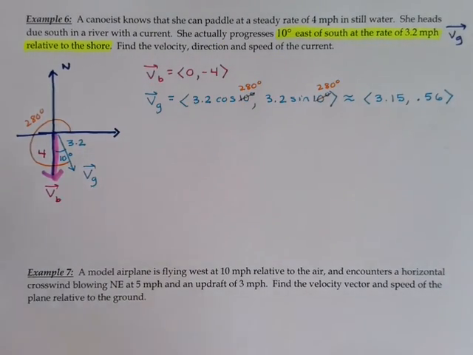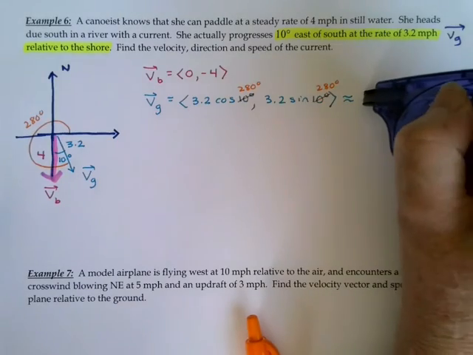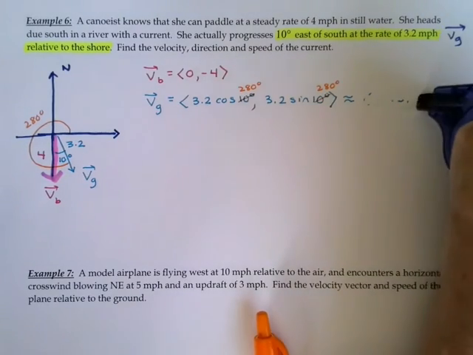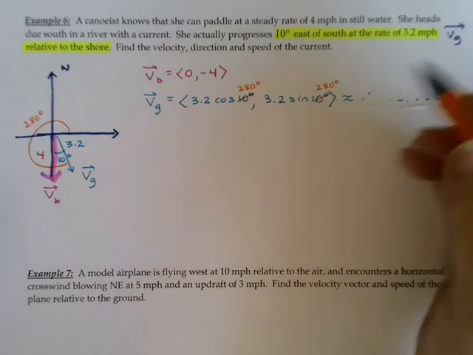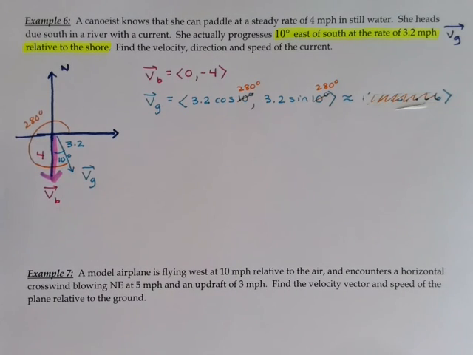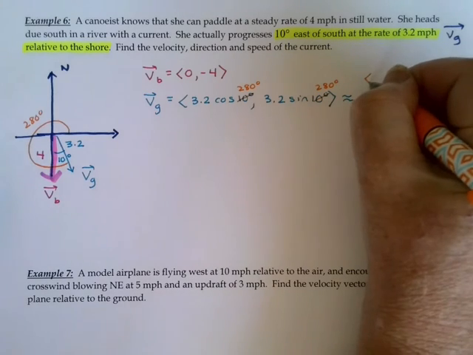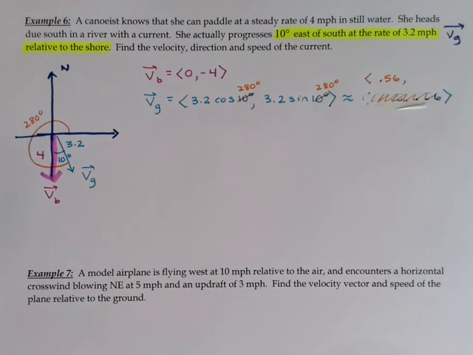Sorry about that. So let's fix my velocity vector here. That didn't work out very well. We'll just put it above. 3.2 cos 280 gives me 0.56, and 3.2 sine 280 gives me -3.15.